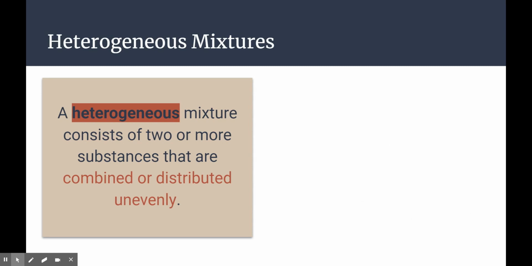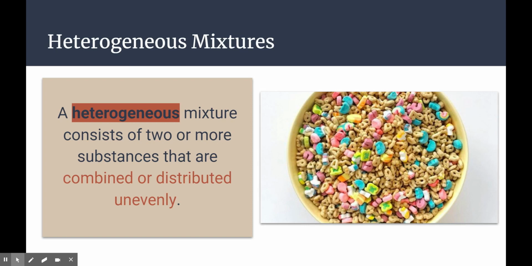An analogy that we can use to describe a heterogeneous mixture would be cereal like Lucky Charms. If I pour 2 bowls of cereal, is each bowl going to have the same number of marshmallows in it? No, they aren't. And that's one way we can tell that it's a heterogeneous mixture.